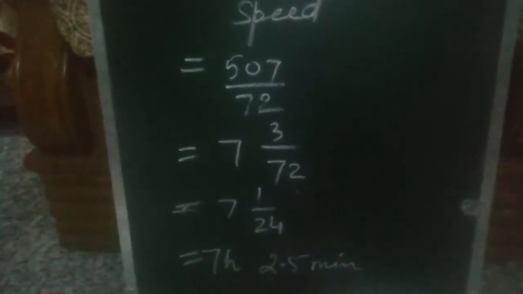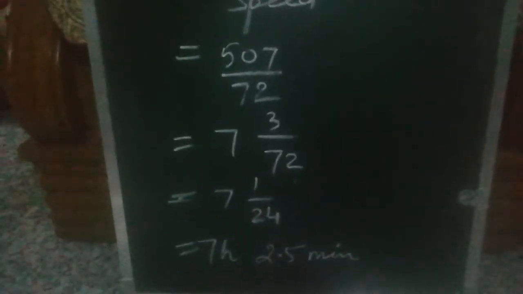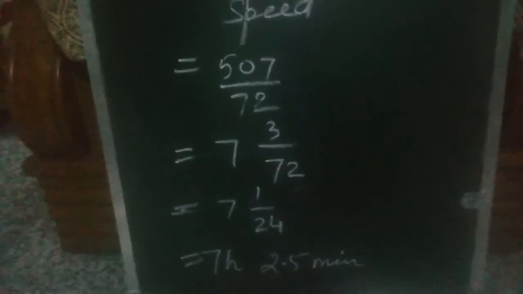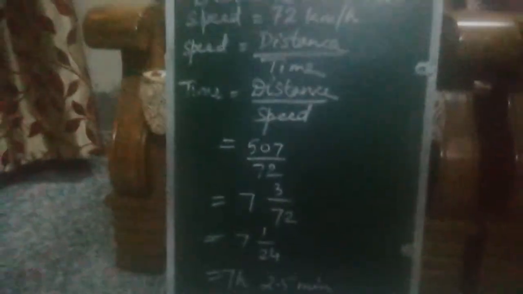We cannot understand it directly. So I have converted 1 by 24 hours into minutes by multiplying it by 60. When we multiply 60 by 24, we will get 2.5 minutes. So the answer is 7 hours 2.5 minutes. Okay children, see, this is the answer.